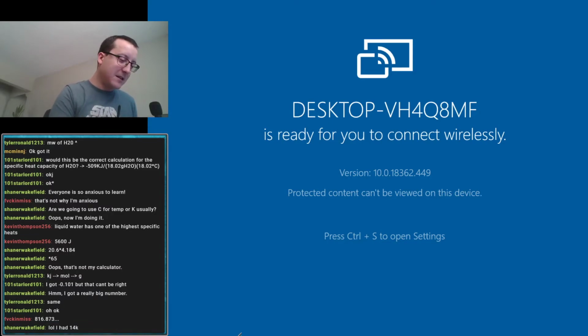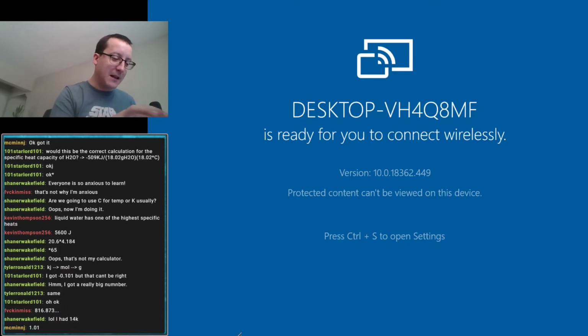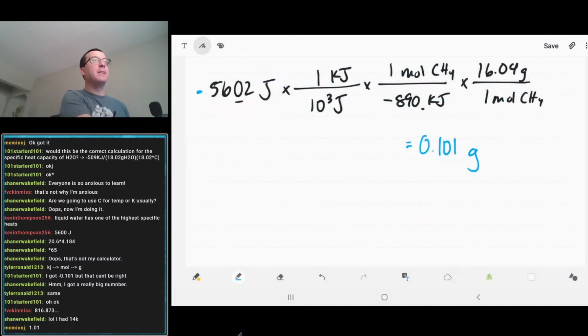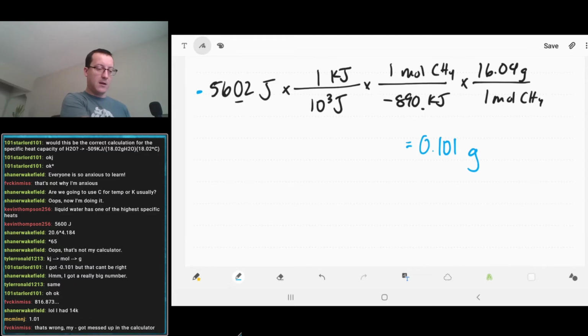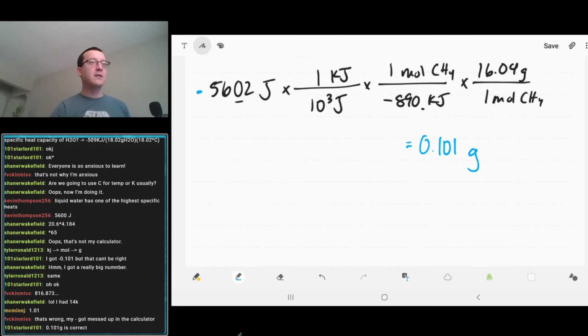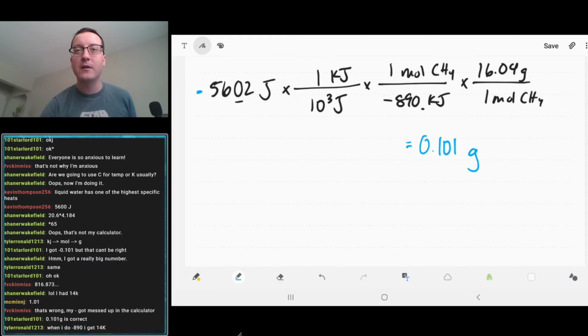This is just a calculation. How did we all get such different answers? I like yours the most. My calculation looks like I put everything in Google correctly. Okay, cool. I know, calculators suck. So this is what I got. Okay, good. We have at least a couple people who got it. So just understanding this is the energy that we have to give off.